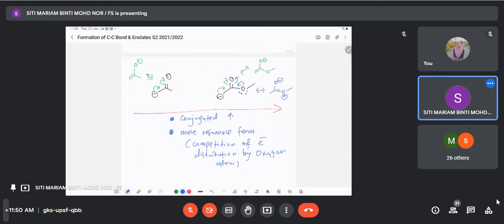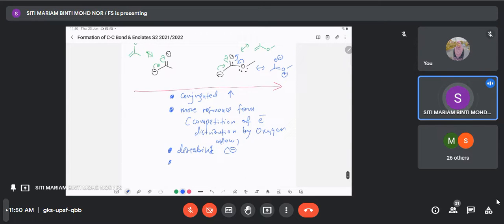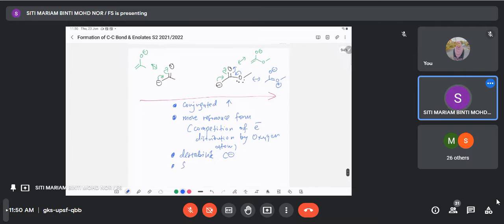They compete to form a resonance structure. When you have this competition, it will destabilize the carbanion. In other words, the stability of your carbanion decreases and the acidity of the proton also decreases.